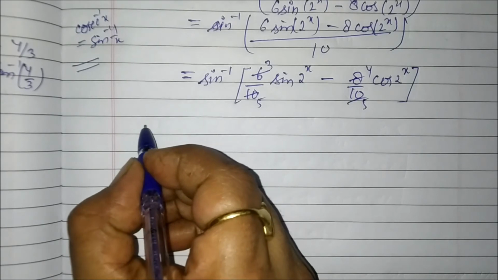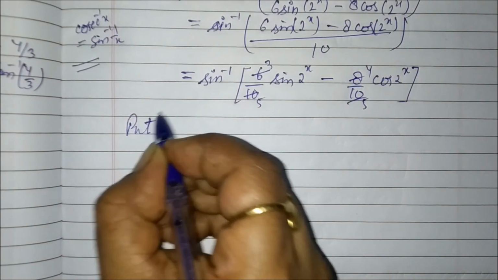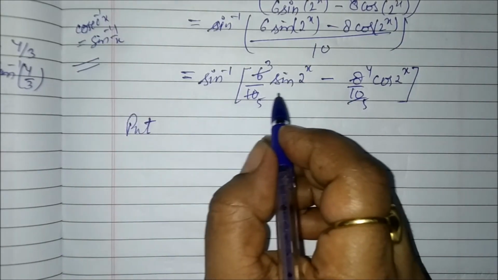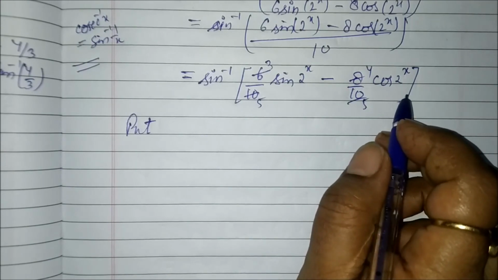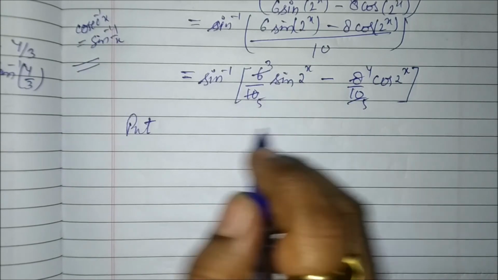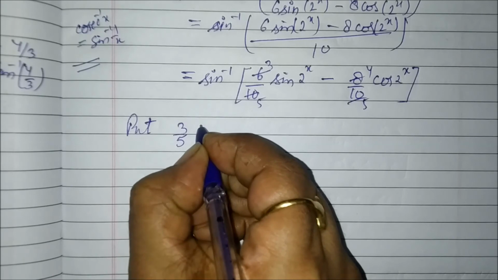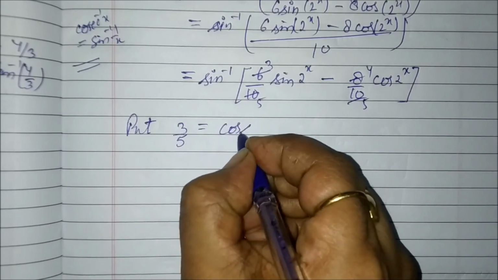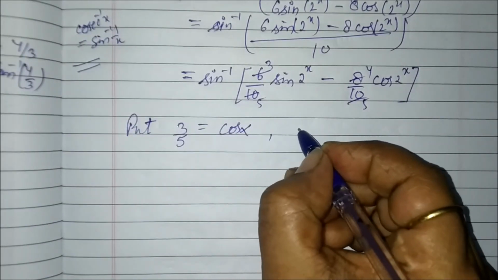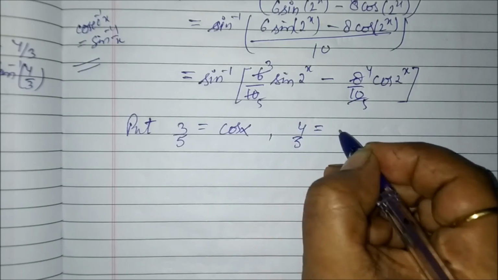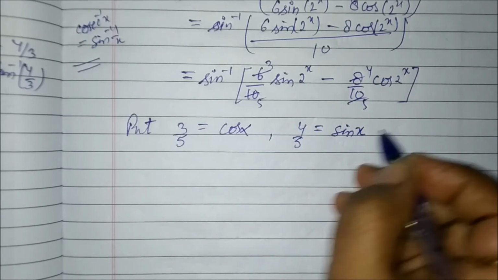Now, since it is given sin, inside this we need the function of sin. Therefore we write, put 3 by 5 equals cos alpha and 4 by 5 equals sin alpha.